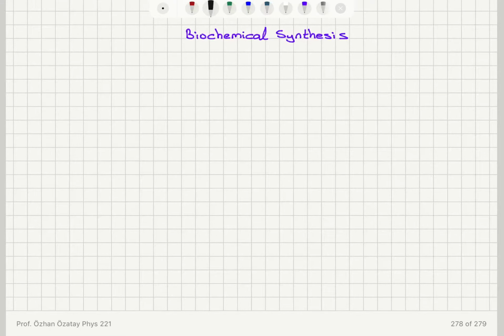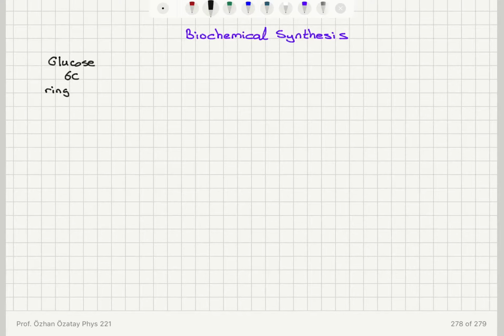I will give one more example of the principle of entropy compensation in use, and that has to do with biochemical synthesis. These are biological processes involved in the synthesis of macromolecules. One good example is the reaction of glucose, which has a 6 carbon ring.